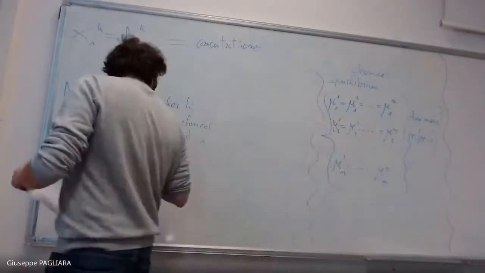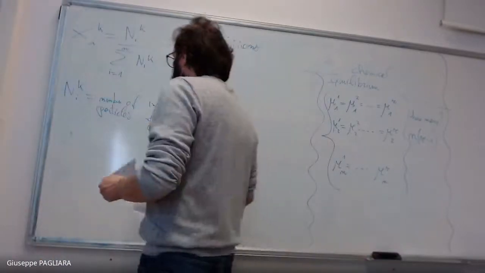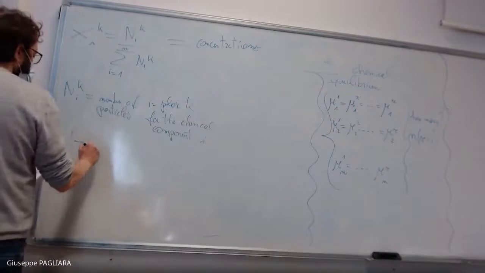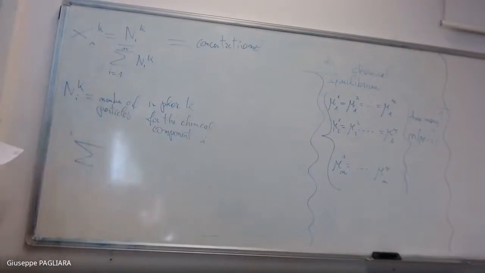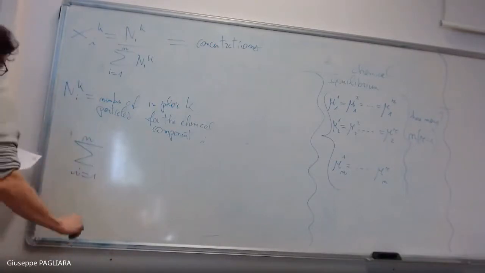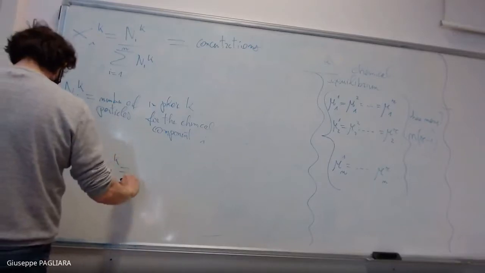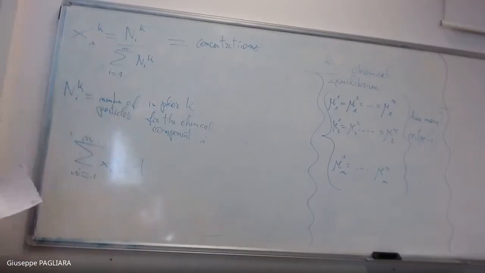Now, of course, we have a normalization condition: the sum from i to n of x_i^k must be equal to 1.